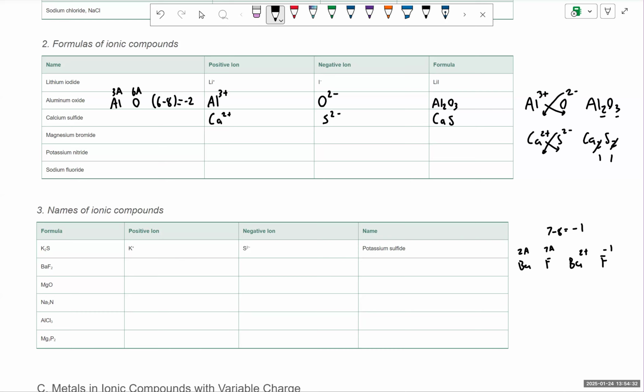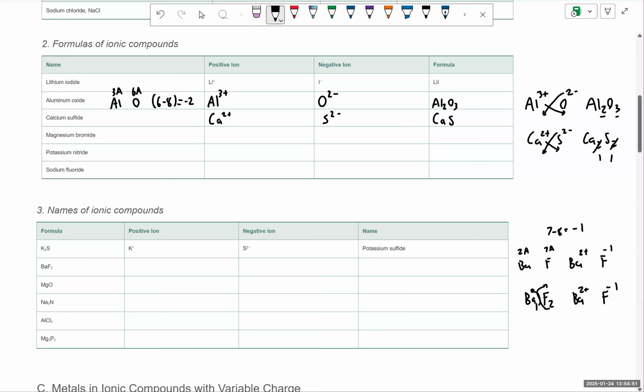You can also use the formula method, where you have BaF2, you take the subscripts and you cross it up to the corresponding ion's charge. That gives us a predicted charge for barium of 2 plus and a predicted charge for fluoride of minus 1.